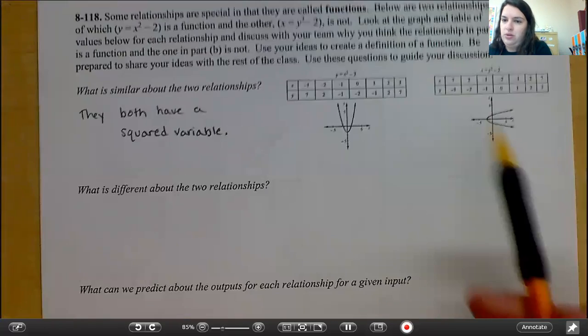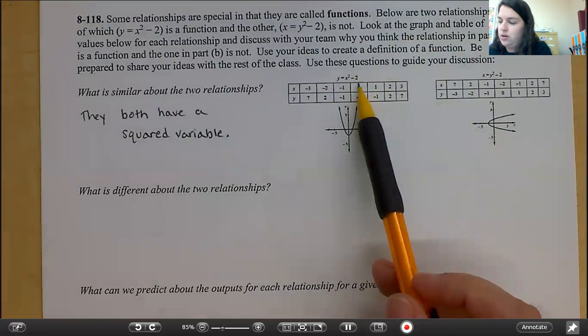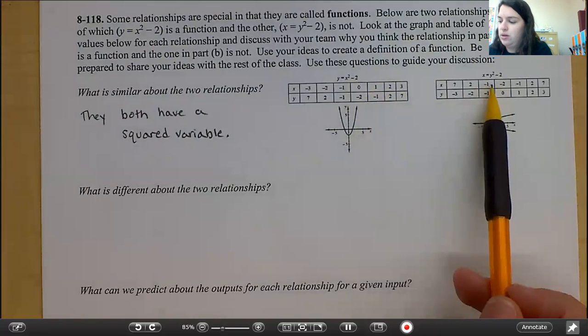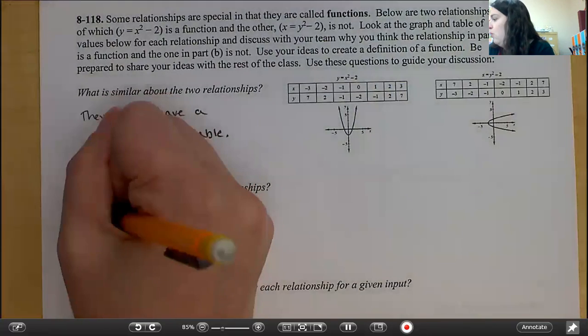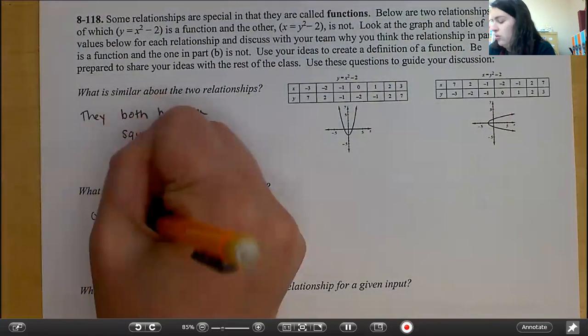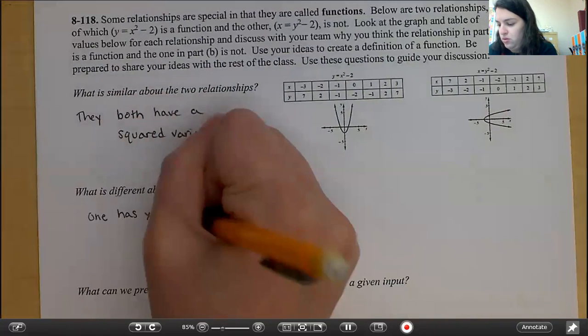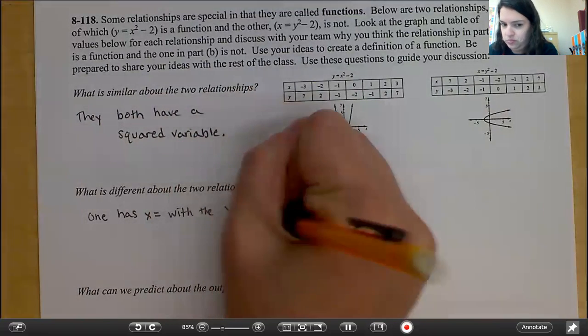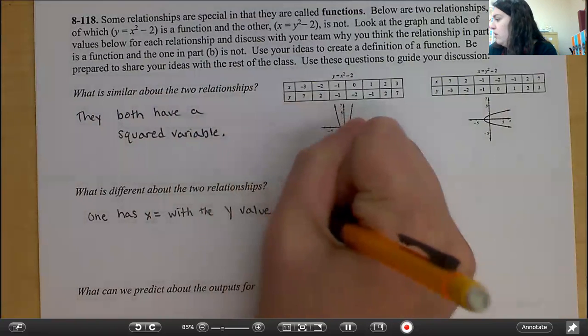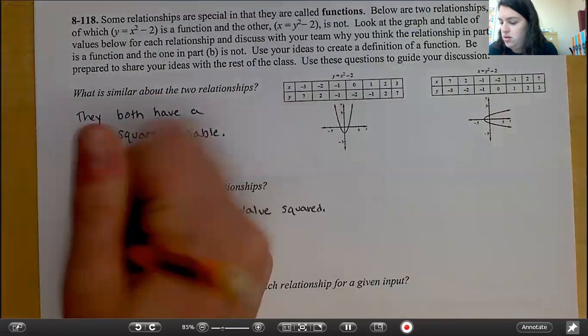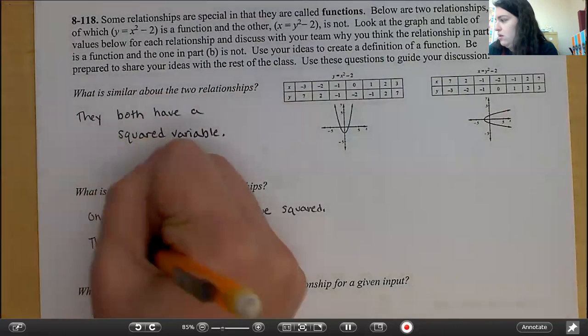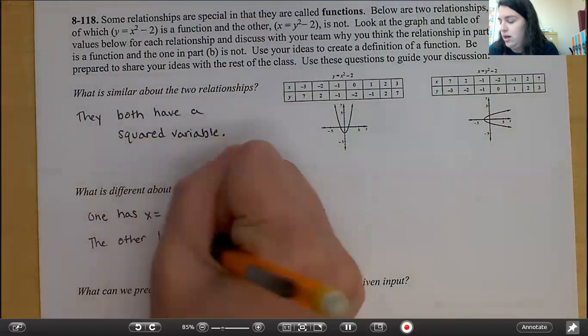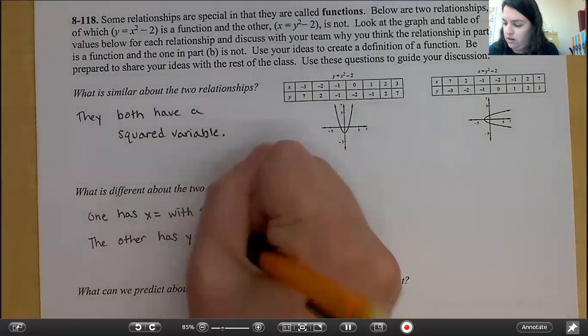What is different about the two relationships? This is y equals x squared minus 2, and this is x equals y squared minus 2. So one has x equals with the y value squared. The other has y equals and the x value squared.